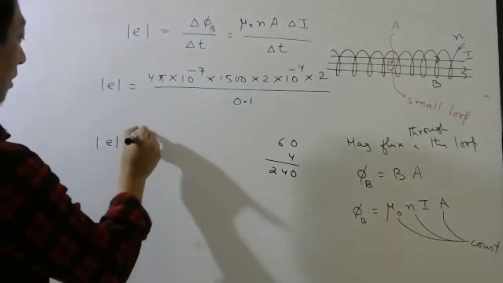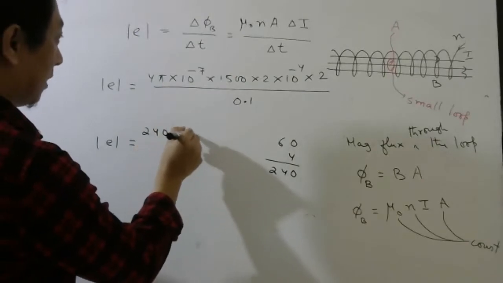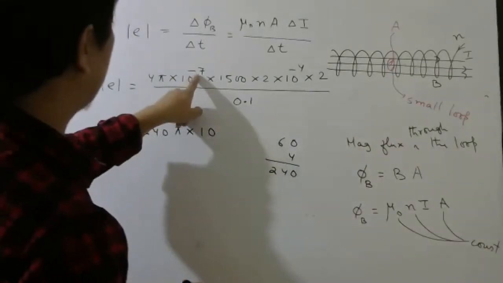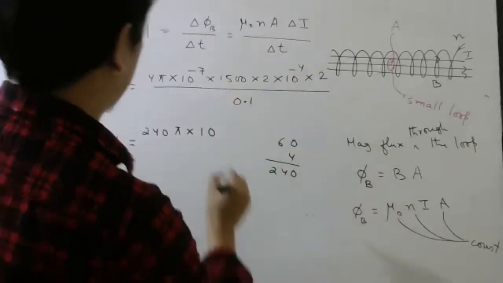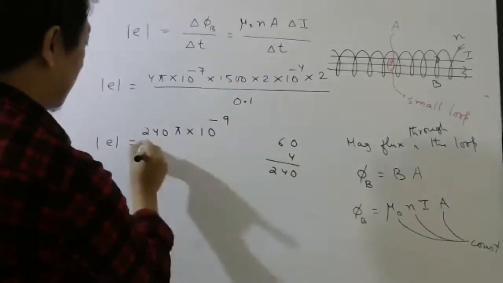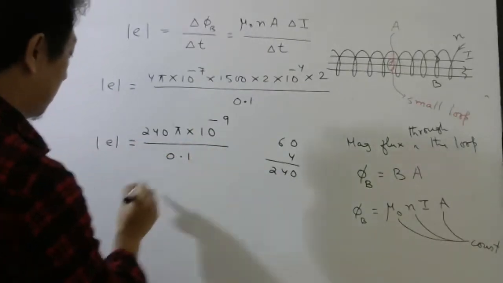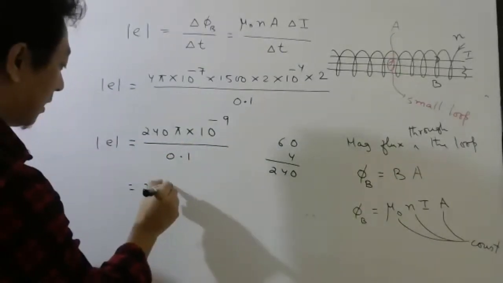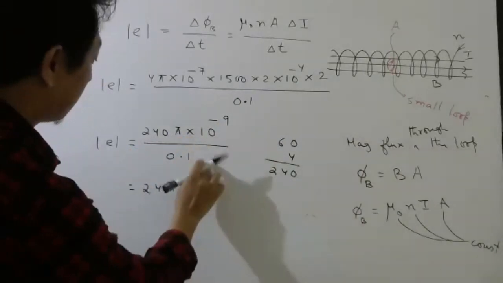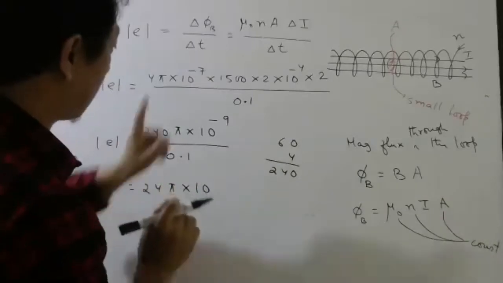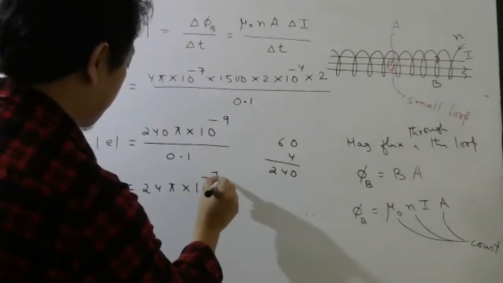So you will get here 240 pi into 10 to the power minus 7 minus 4 plus 2 zeros, minus 9, divided by 0.1. So 24 pi into 10 to the power minus 8. This is 10 power minus 1, that will go up, plus 1, minus 8 plus 1, minus 7.